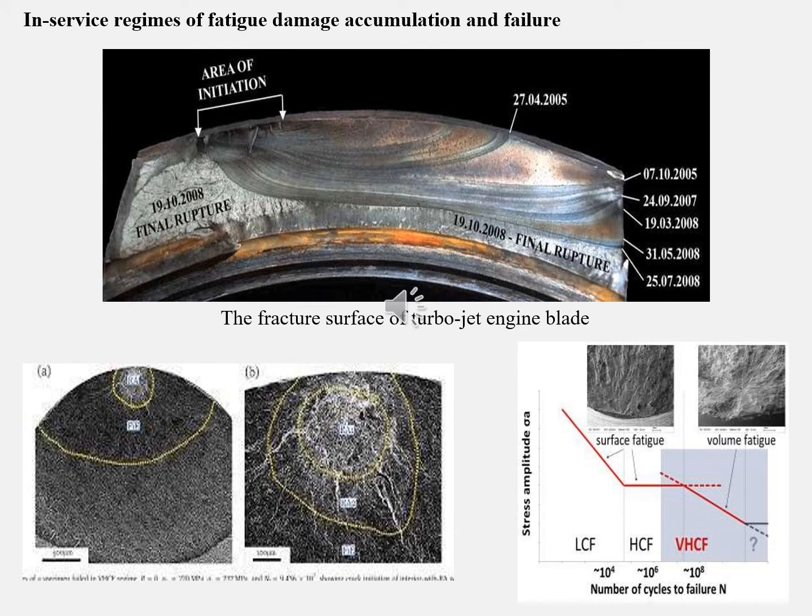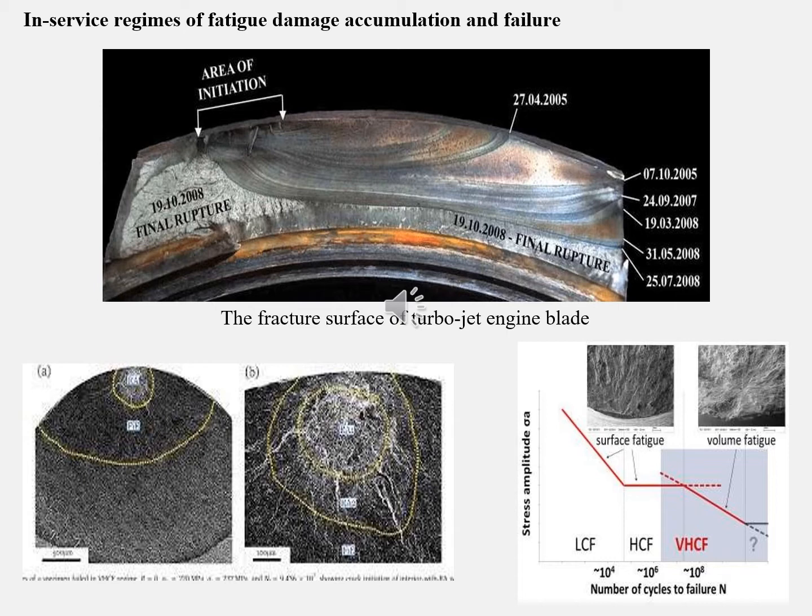If we have a look at in-service failure due to fatigue, we can recognize some marks corresponding to the different crack propagation stages. It often happens that a crack initiates in one fatigue regime and later propagates under different loading conditions.